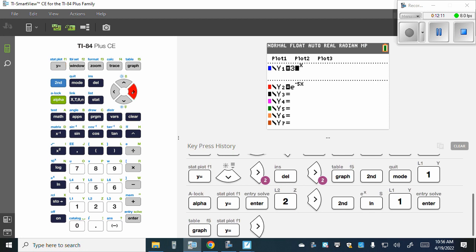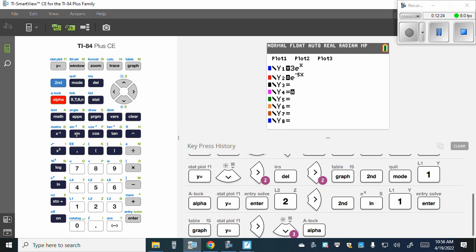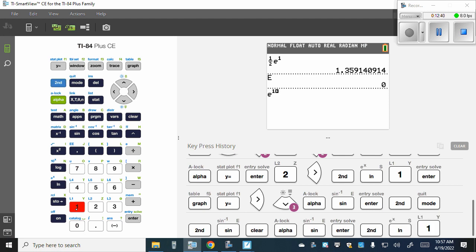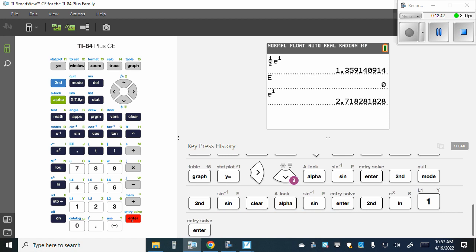Right, those are different. This is the natural base e, and the one that you're talking about is a variable E. Because if we do alpha E, enter 0. Now if we go second E to the first, we get this here. The capital E is a variable we can assign a value.